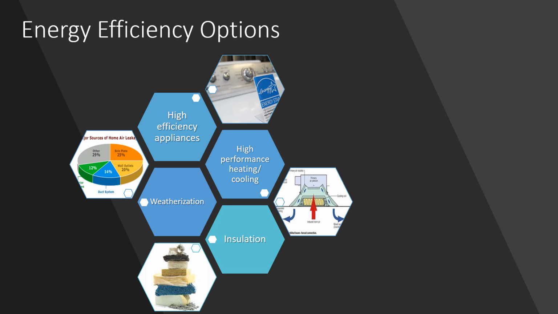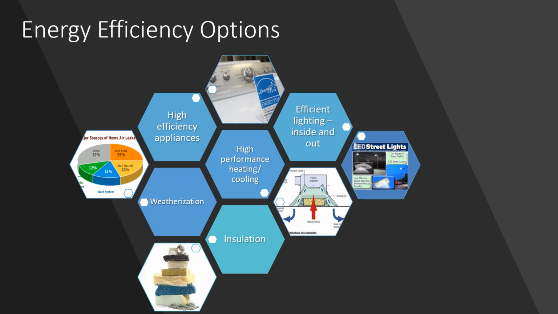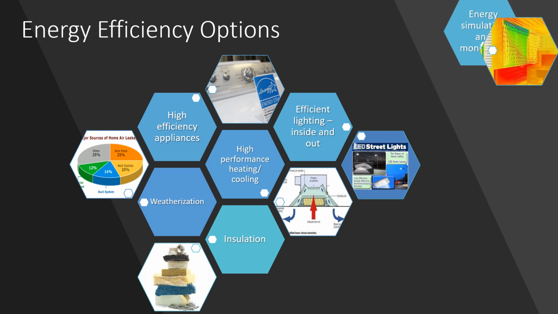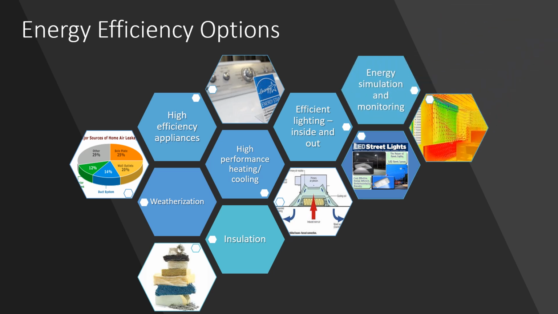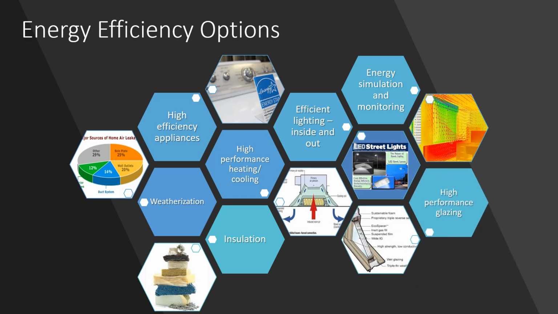Reducing lighting power density, the amount of electric power used to illuminate a space, which is measured in watts per unit of area, or for outside, installing efficient street lighting with LEDs. Conducting energy simulations and computer modeling, and monitoring and verifying performance with building automation. And finally, adding high-performance glazing or windows.